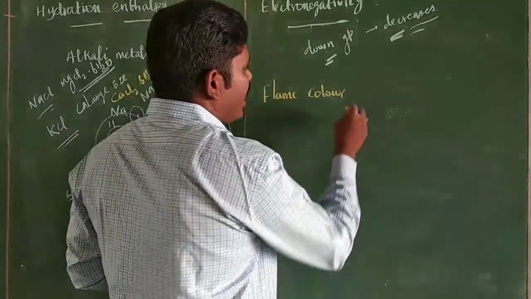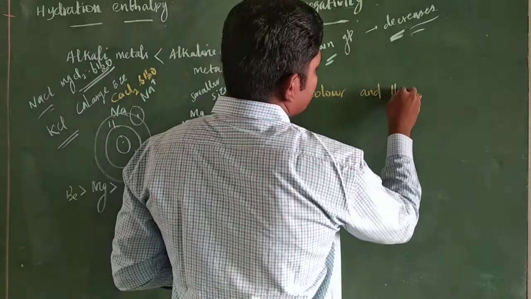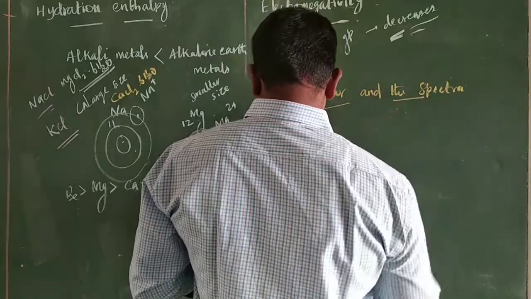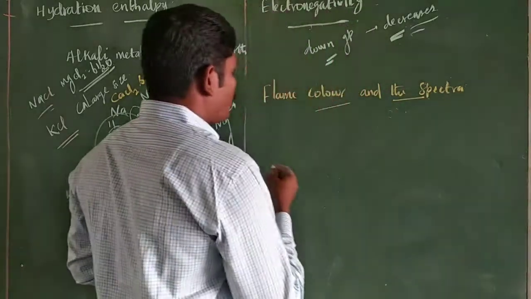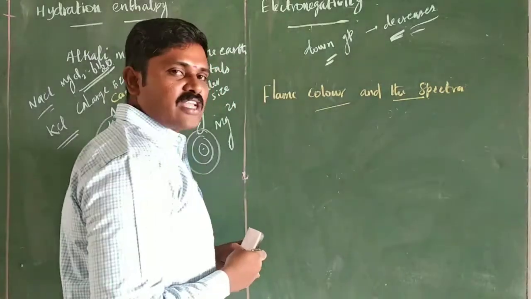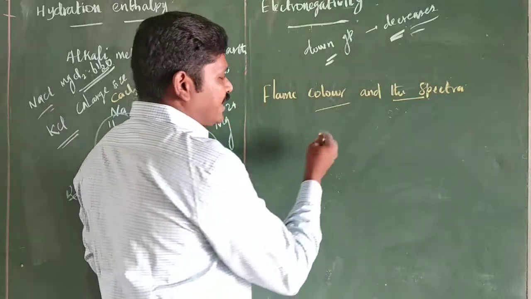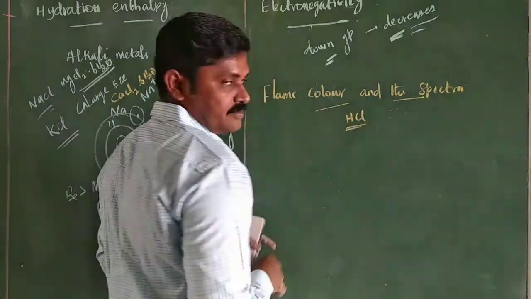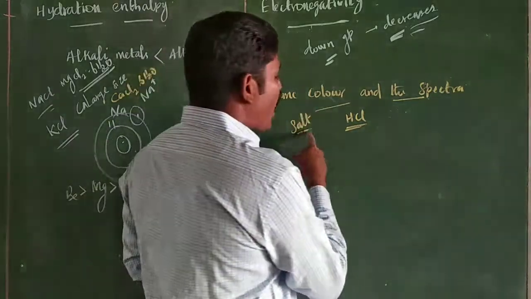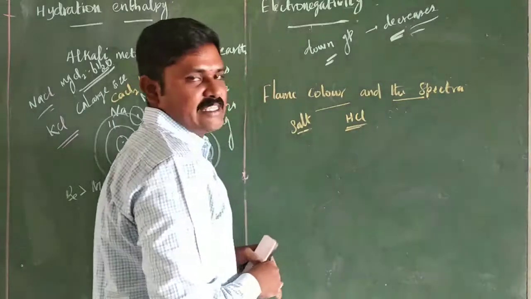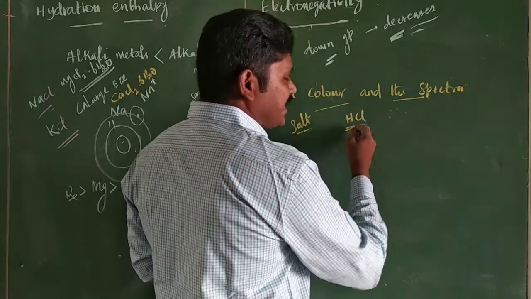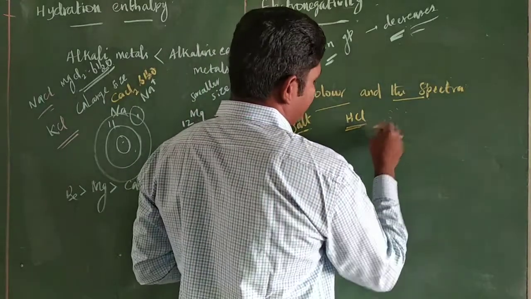The flame color under the spectra. The salt of alkaline earth metals is moistened with hydrochloric acid and heated on a platinum wire in the flame.